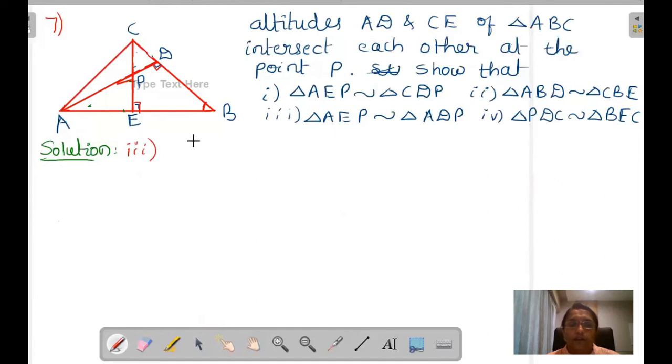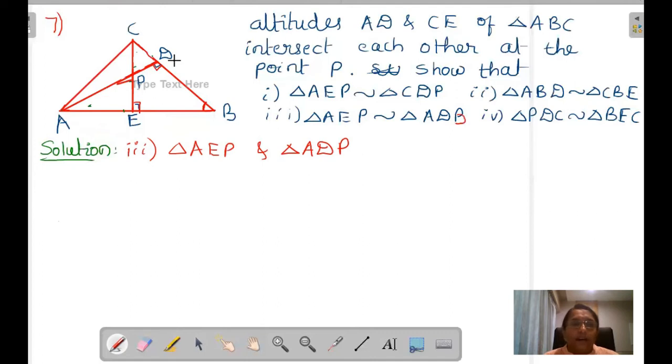How will you prove it? Triangle AEP and triangle ADB. Not B, it is ADB.